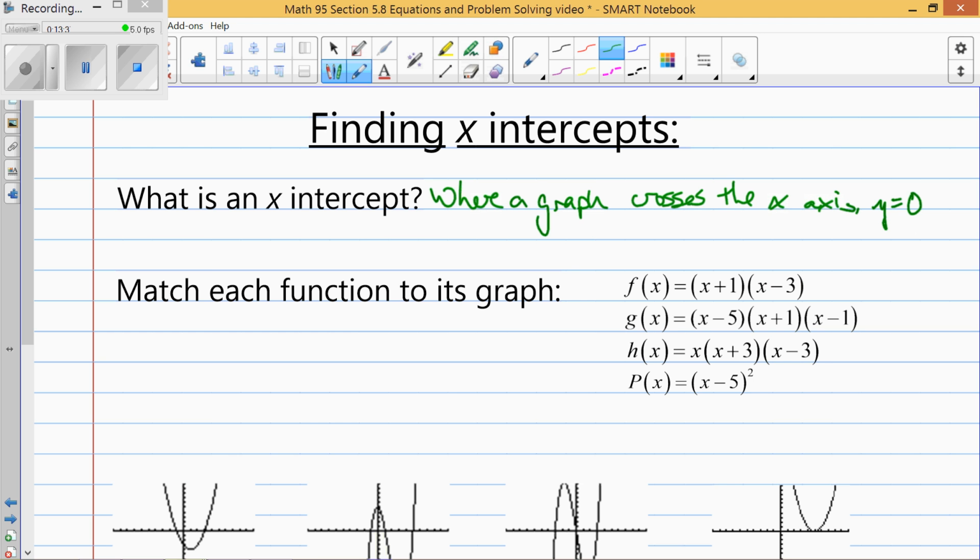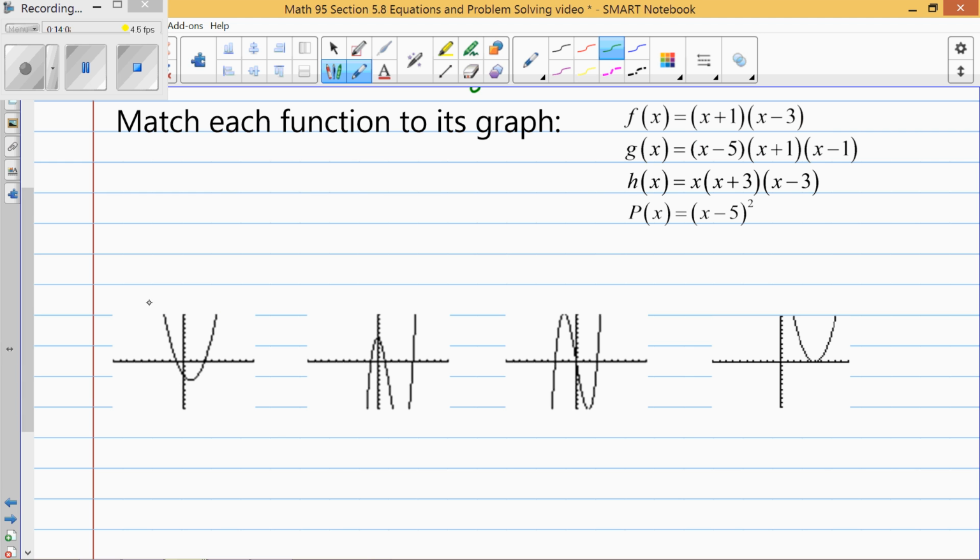So if I have a polynomial function, y equals x squared plus 3x minus 2, for instance, I can find an x-intercept by setting this equal to 0. So what we've been doing algebraically, graphically, would be where each of these polynomial graphs crosses the x-axis.